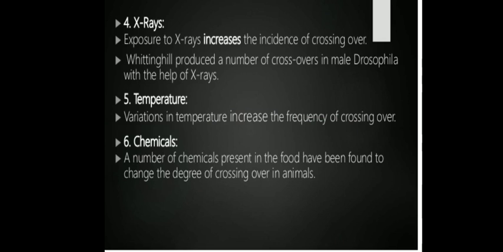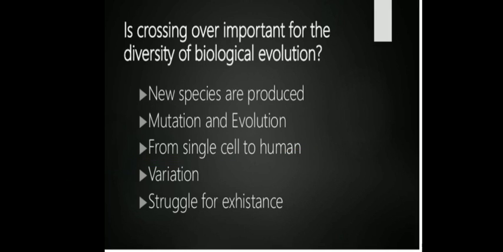And the chemicals: a number of chemicals present in the food have been found to change the degree of crossing over in animals. The type of food they consume is also responsible for the crossing over that occurs in that animal or organism or human beings.